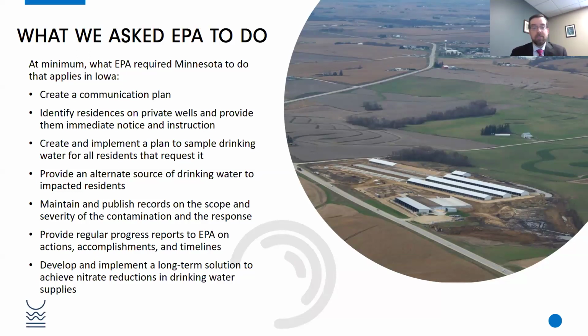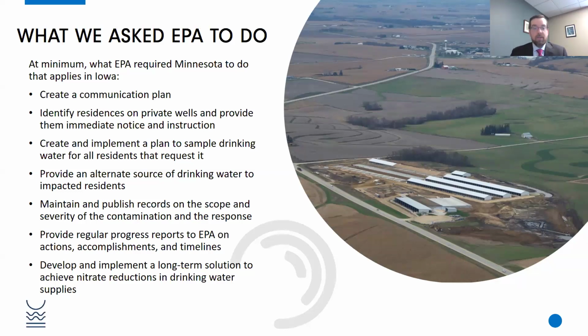At a minimum, this means EPA needs to create a communication plan to ensure that everybody knows what's going on, ensure that we identify which residences are on private wells that may be exceeding 10 milligrams per liter of nitrate, and also inform all of those folks that they need to take action and to provide a plan for providing clean drinking water for all of those residents.